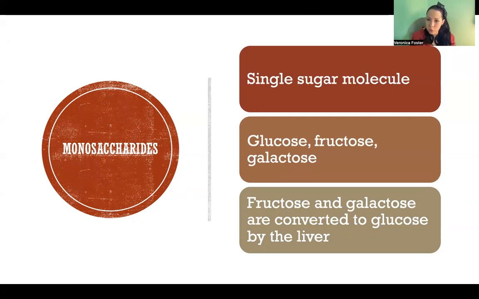Fructose and galactose, we absorb, and then they go to the liver, where the liver converts fructose and galactose into glucose. So the destiny of glucose, fructose, and galactose is all to just become glucose. So that glucose goes into circulation in your blood, and that's what blood glucose is. That's the amount of glucose that is traveling in your blood.